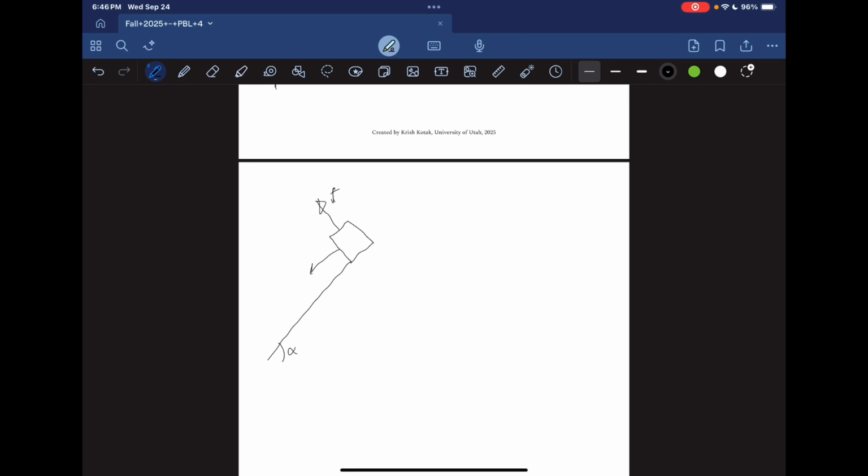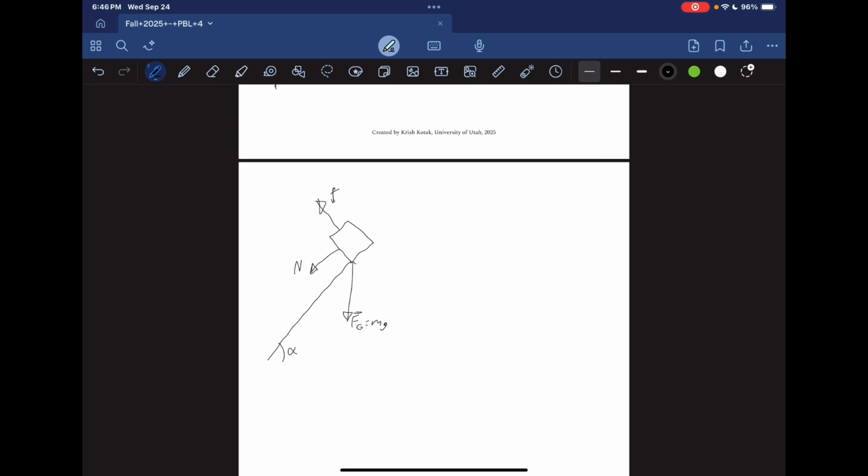There's a normal force in this direction because you're making contact with the box. And there is a force of gravity in this direction. Sorry, this is N and this is Fg, which is just equal to mass times gravity. And then we know that alpha equals 80 degrees.